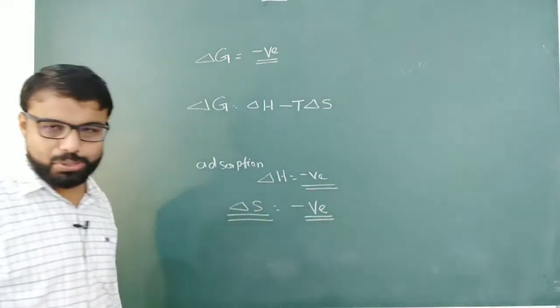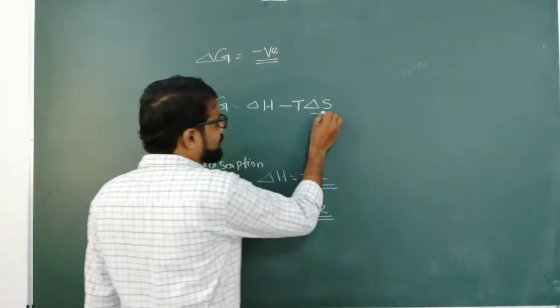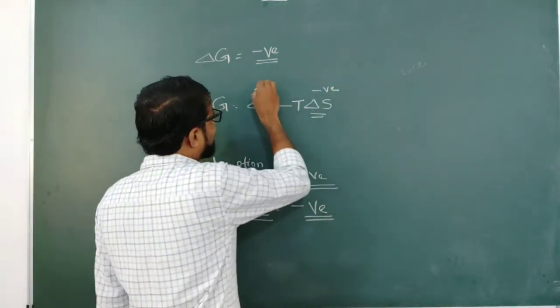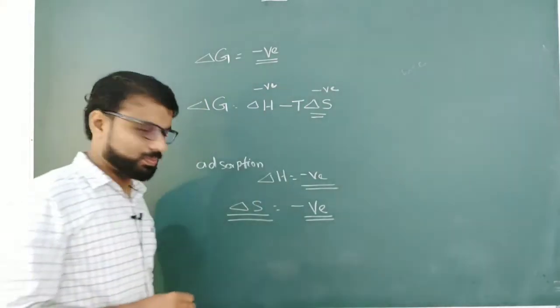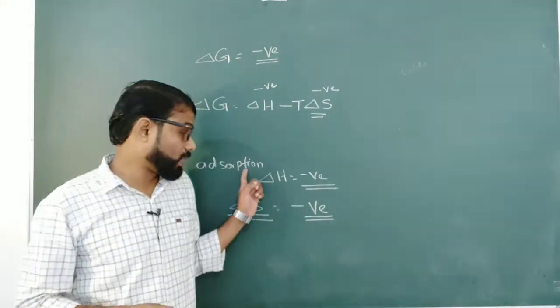This is our relation. We know that delta S is negative and delta H is negative for adsorption.